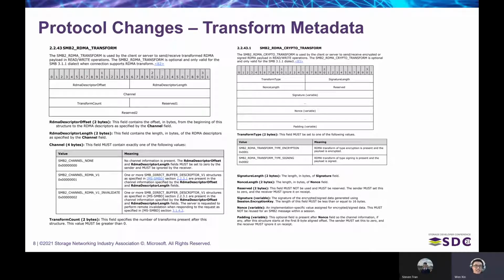In this case, as we were discussing, we have signature and nonce, and a reserved field just for alignment. What's interesting is that we made the signature and nonce variable sized, so if we introduce new algorithms, things will be very adaptable.